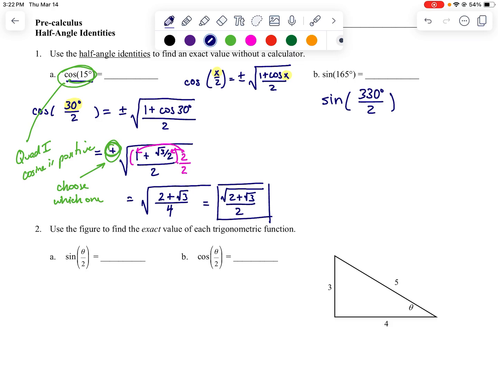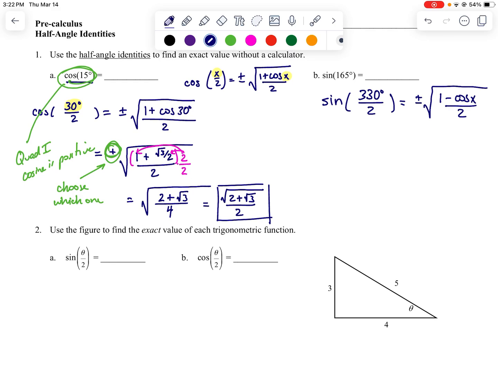Now I use the half angle for sine, and what's kind of interesting is that the half angle for sine still uses cosine in the formula. On your formula sheet, both the half angle for sine and cosine have cosine in the formula. The only difference is that one is 1 plus the cosine, the other is 1 minus. Again, we have to decide whether to make it positive or negative.